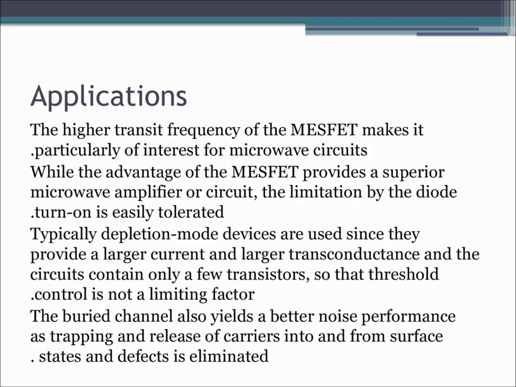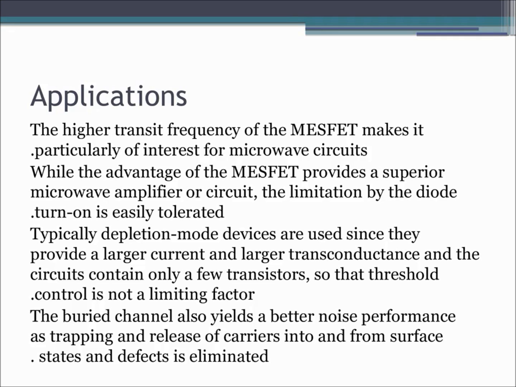Now I want to add one more thing, which is applications. The higher transistor frequency of the MESFETs makes them particularly of interest for microwave circuits, while the advantages of MESFETs provide superior microwave amplifiers or circuits. The limitation by the diode turn-on is easily tolerated.